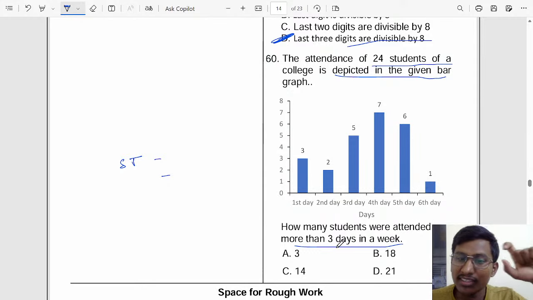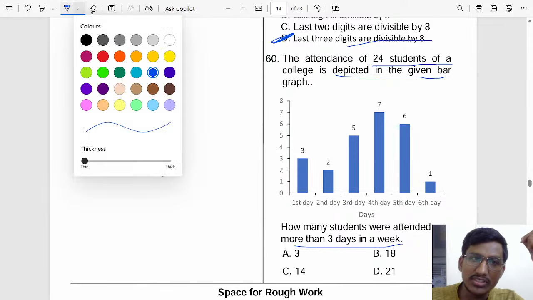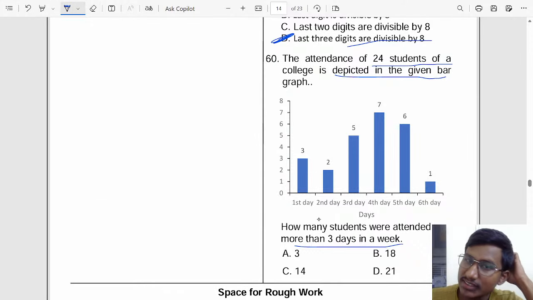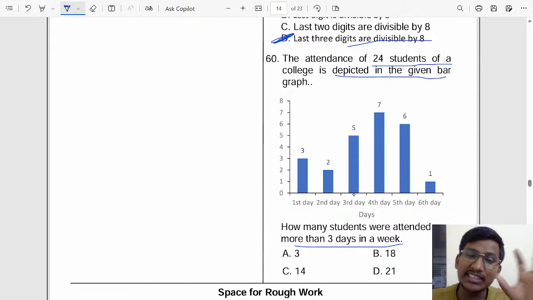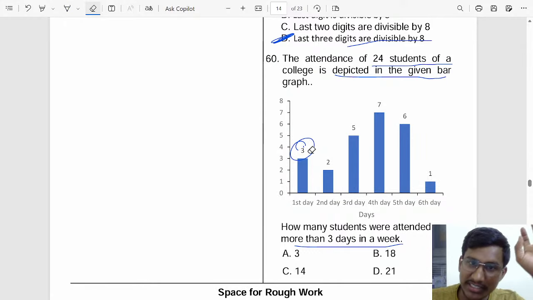More than 3 days in a week, so we have to see the bar graph here. This student attended exactly 3 days, so we cannot consider them.